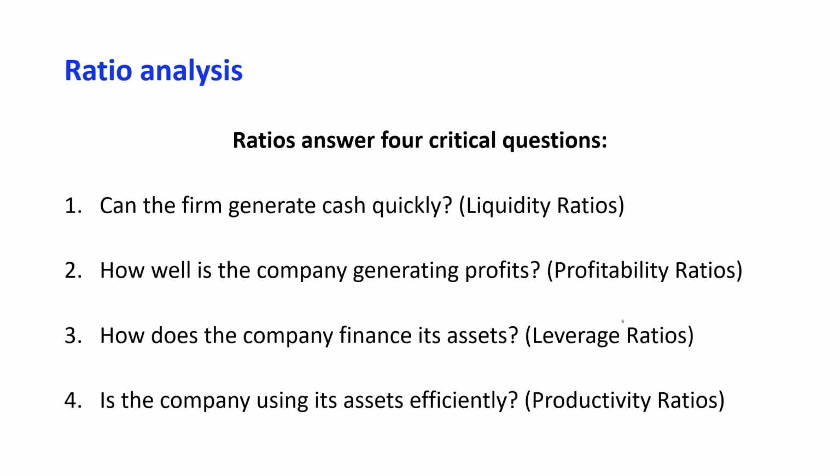And next, we're going to look at the leverage ratios. How does the company finance the assets that it owns? What are the sources of capital used to pay for those assets? And finally, we are going to look at the productivity ratios, which is basically whether the company uses its assets efficiently.